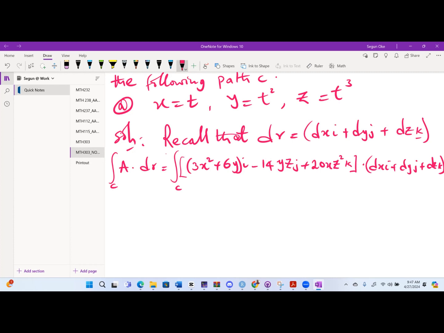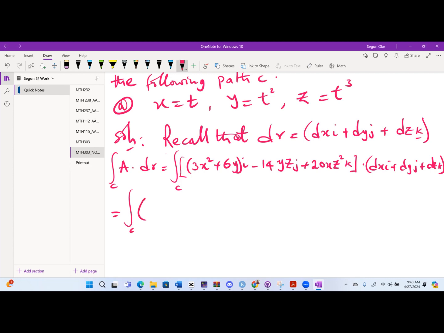Now, remember, i dot i equals 1 in this case. So we have the integral over C, where i multiplies x, j multiplies y, k multiplies z. So do it that way.